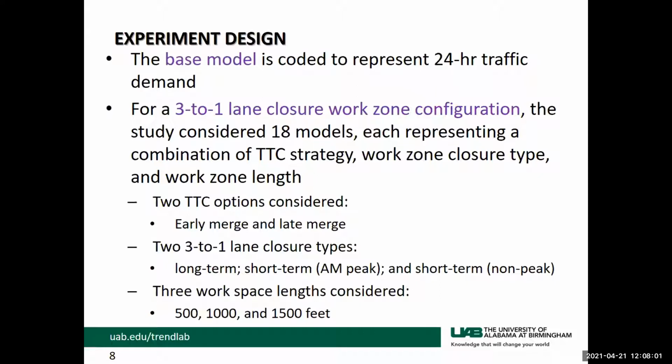That means the 3 lanes dropped to 1 lane, and we closed the two rightmost lanes, so the right lane and the middle lane, in all of our experiments. We ran 18 different experiments representing a combination of traffic control strategy, work zone closure type, and length. We considered 2 traffic control strategies, the early merge and the late merge, and I will give you a little background on each.